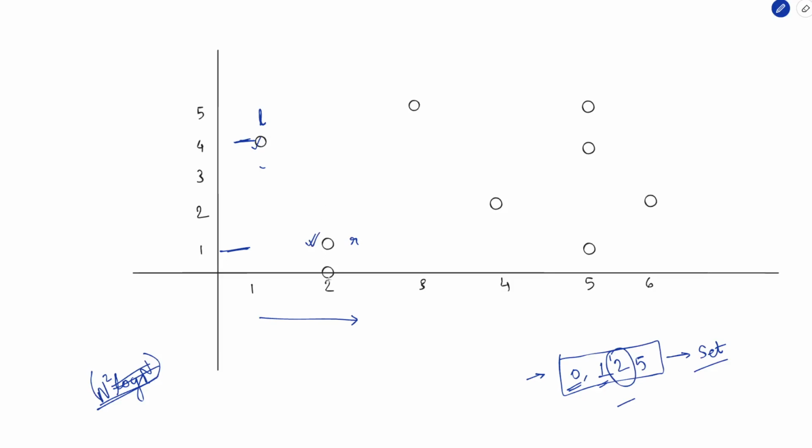Other points will not be a valid candidate, because if this point is not a valid candidate, then this point for sure is not a valid candidate, because in this rectangle, in the rectangle below one, in this particular rectangle, we are sure that at least this point will be lying on the fence, right?